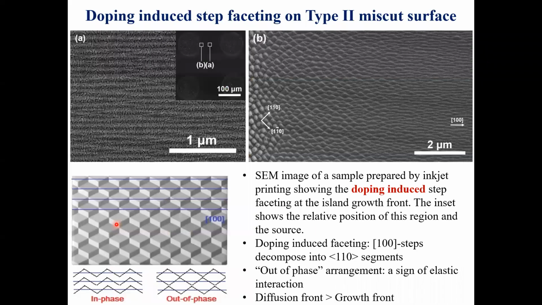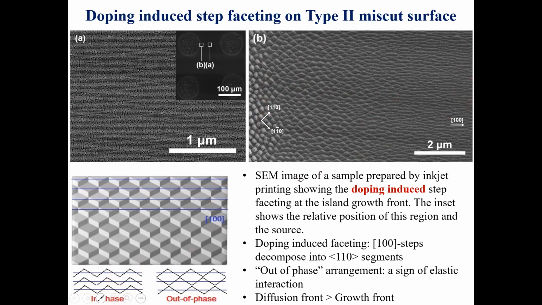If you look at the different locations, these are the source material that was deposited by inkjet printing. Location A is far away from the source, and it looks like nothing is happening. You just see these steps. Location B is very close to the interface between the particles and the intact substrate, and you see this sort of hexagonal pattern. Then moving further away, you see these steps.